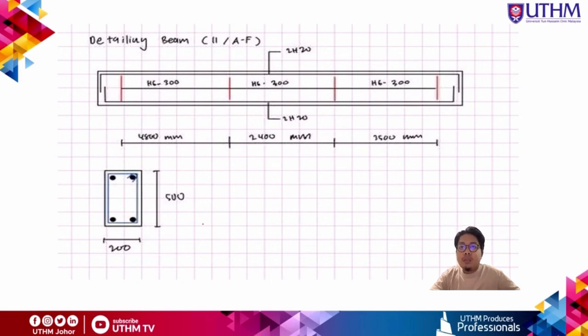I chose 2H20 because my As value is 368.89. The link is H6-300. Okay, that's all for me.